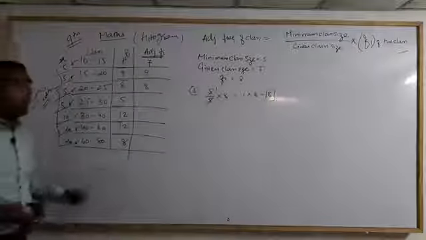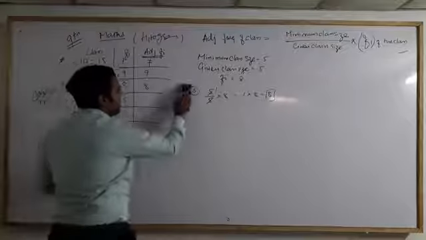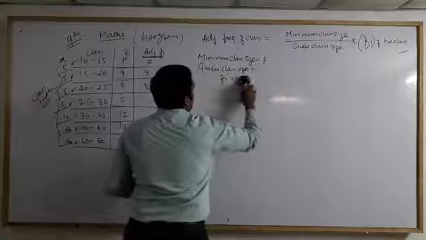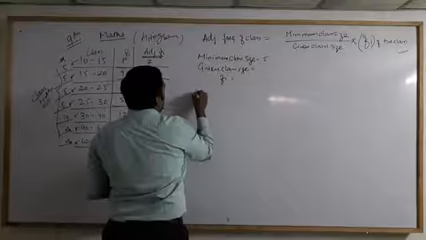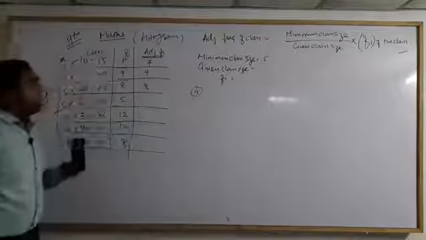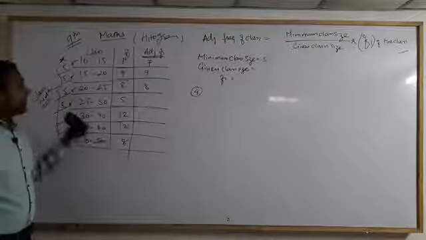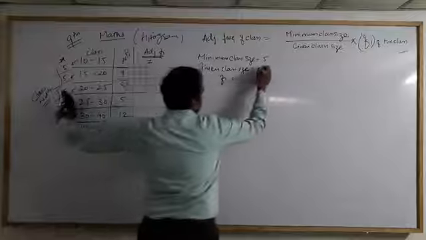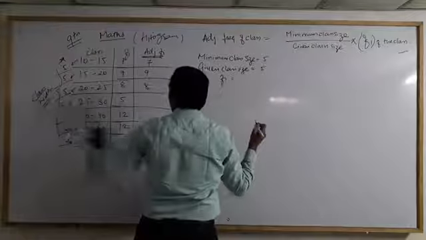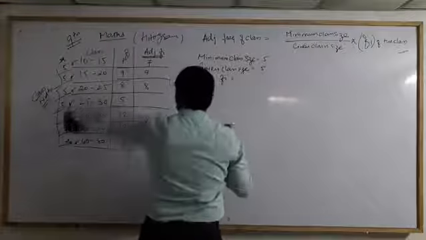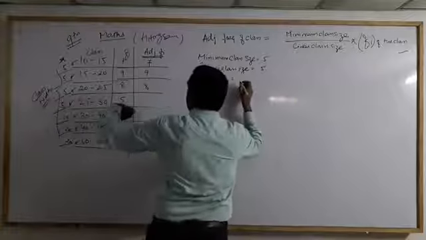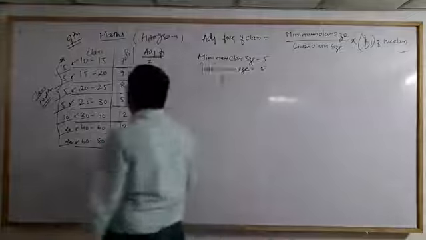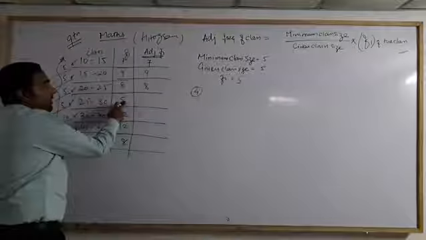Now for the fourth we have a change. For the fourth, what is my answer? My minimum class size is 5, and the given class size is 5, and my frequency for the fourth one is also 5.